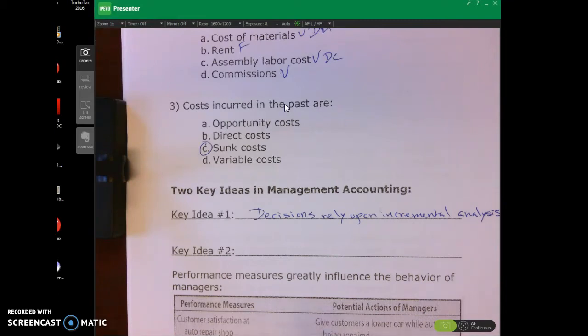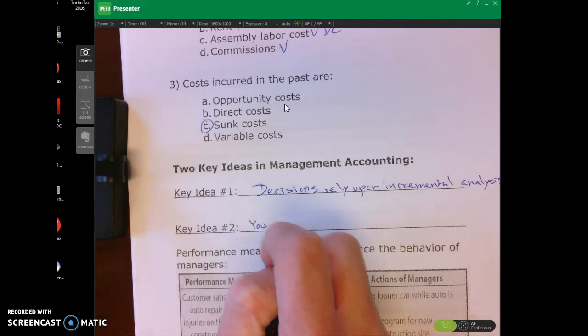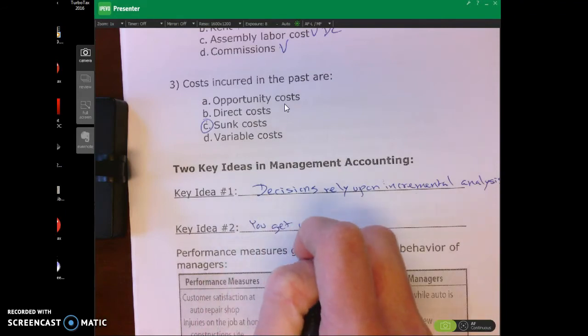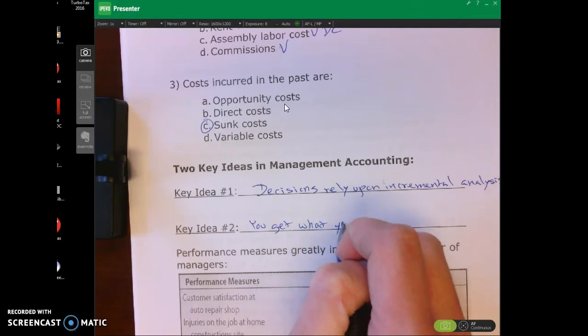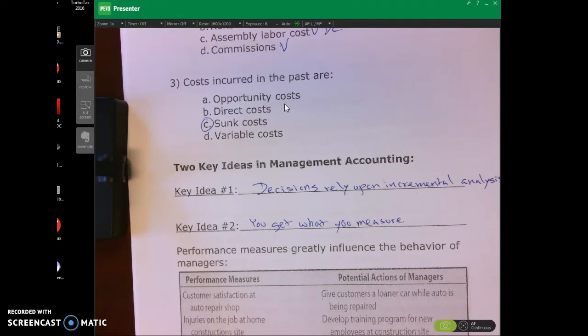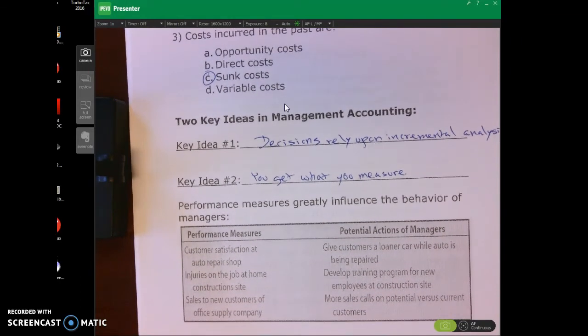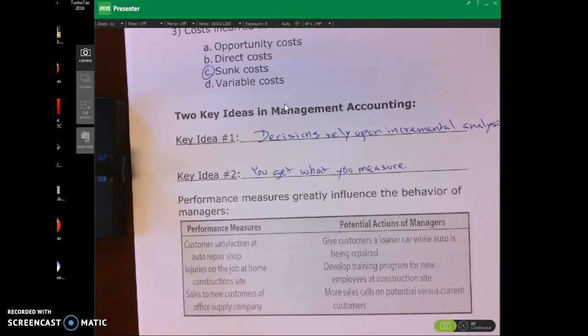Okay? The second key idea is something your textbook talks about quite a bit. You get what you measure. Okay? However you start to measure performance, that becomes a de facto incentive for people. And I'm sure you've seen that in your own work experience.